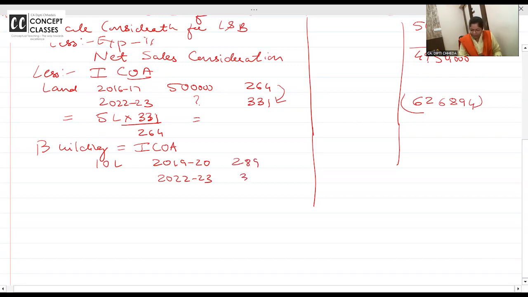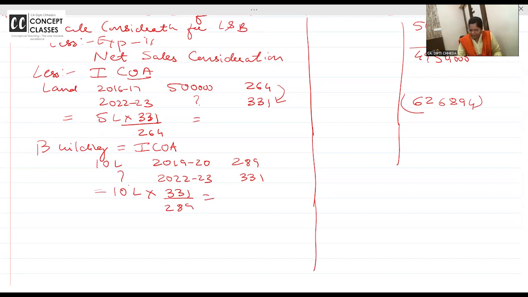And for 22-23, 331. What was available for 289 is now available for 331. So what is available for 10 lakhs? Cross multiply. Can you help me with the answers fast? The indexed cost of acquisition of the building is 11 lakhs 45,000.